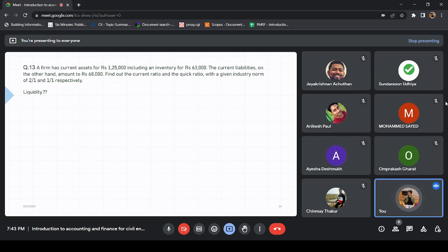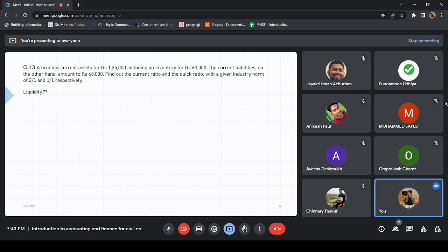Why are we worried about current liabilities and current assets? So that if there is some liability and you have assets covering that part, that company is financially sound for you, right?